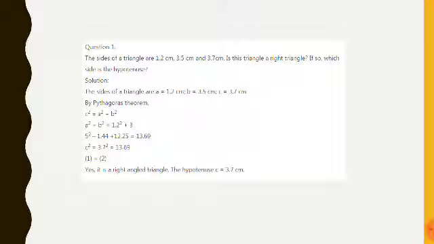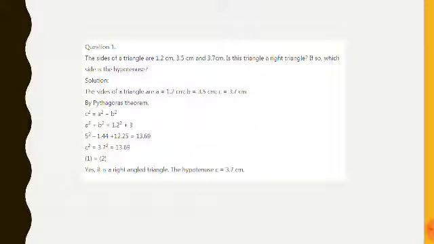Then next, 1.2 square means 1.44. 3.5 square means we get the value 12.25. So adding, we get the value 13.69.